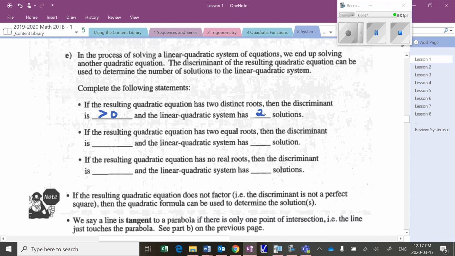If the equation has two equal roots, then the discriminant is equal to 0, and the linear quadratic system has one solution, and if there are no real roots, the discriminant is less than 0, and there are 0 solutions.